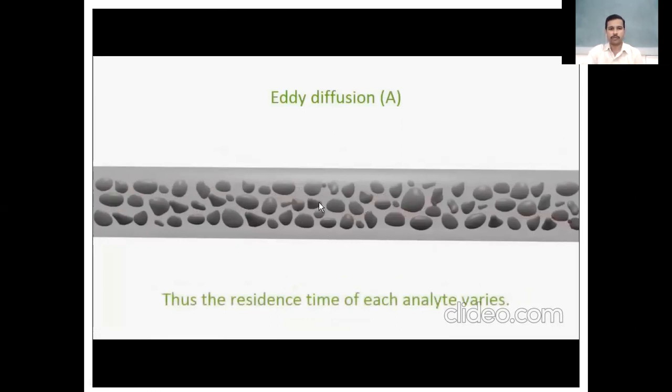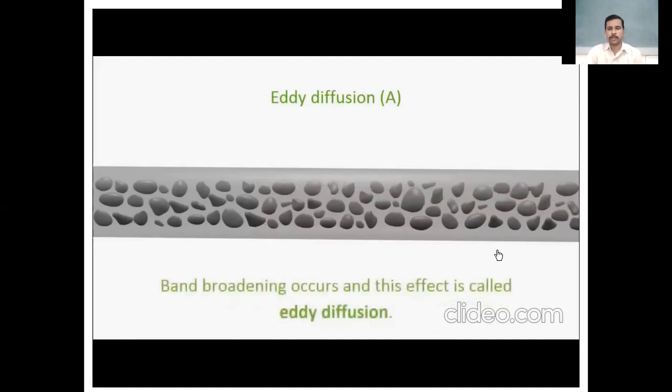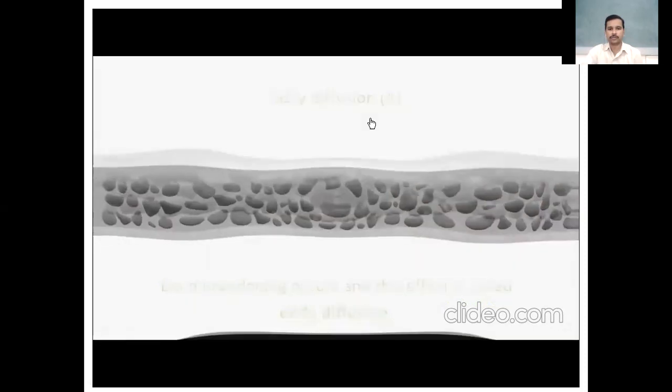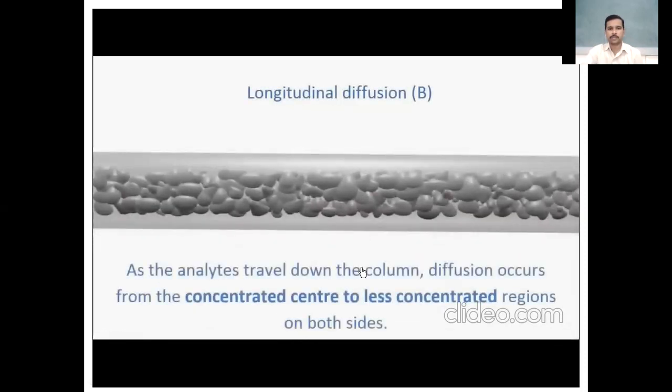One solute is moving in this direction, other solute is moving in this direction, and the other solute has moved by traveling this particular path. So different paths moved by the solute. Different paths were taken during the movement of the solute, and this movement is called as eddy diffusion, or multiple path transfer.